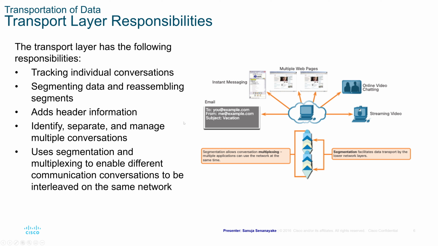It also adds header information, and it is able to manage those different pieces of information by separating them using the configurations of the transport layer. And that's what this slide is trying to get you to understand.